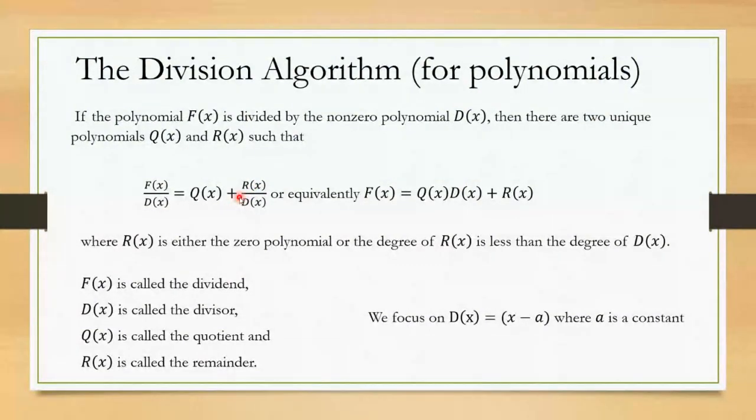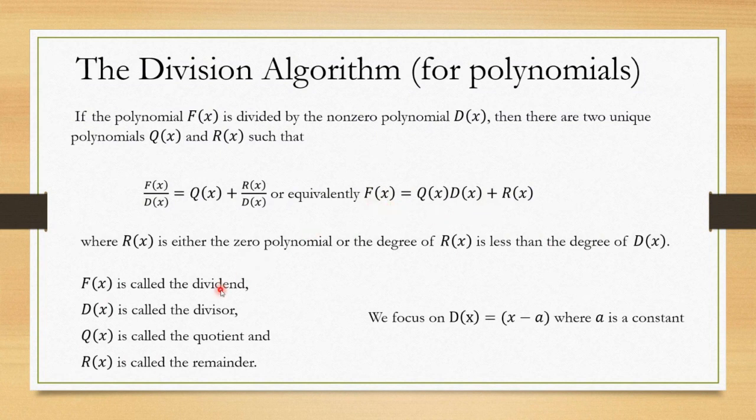You know how when you divide integers, there's some kind of condition. If the remainder is, I think, an absolute value less than something, you can stop. It's the same idea here, except we're not using absolute value. We're looking at degree. So that's what's happening here.